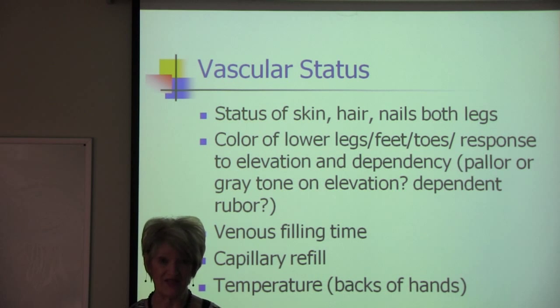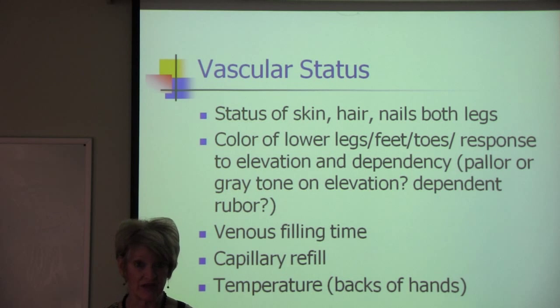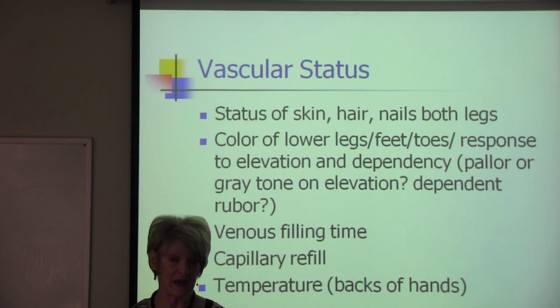You all know that thin, shiny skin that you see in patients with peripheral arterial disease. So I'm looking first at the skin. I'm looking secondly at patterns of hair growth. If I have a patient with hairy toes, it might not be sexy, but it's a very good sign because it tells me that they're getting enough blood flow to their tissues to support hair growth.